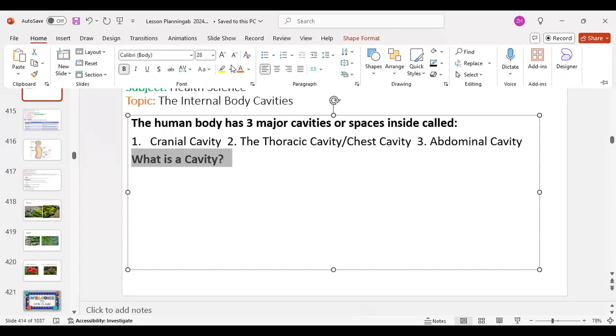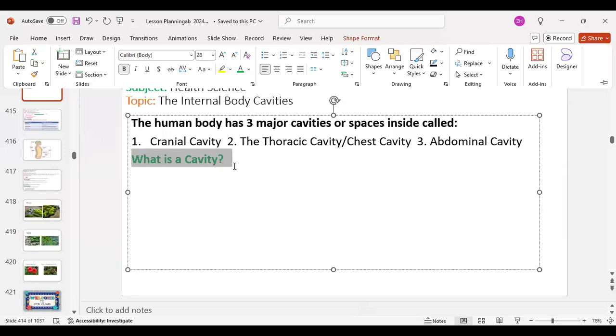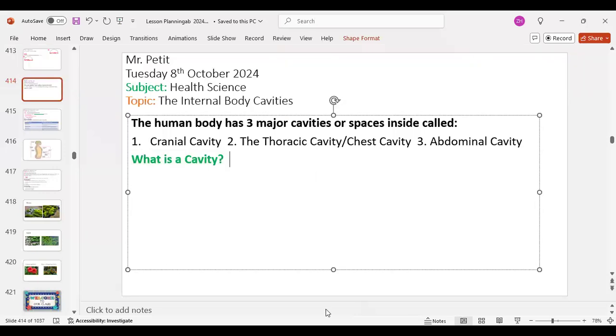These are basically spaces or compartments. So what is a cavity? A space or a compartment in the body that houses the organs and structures.